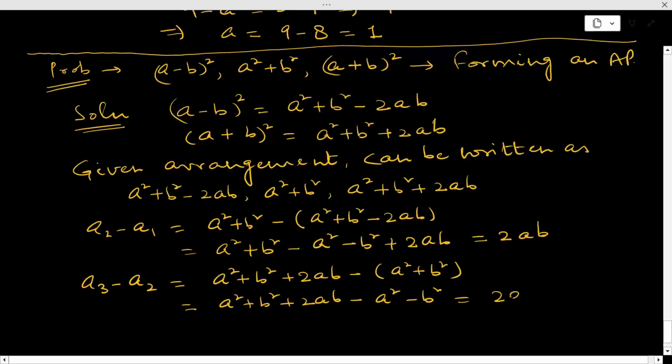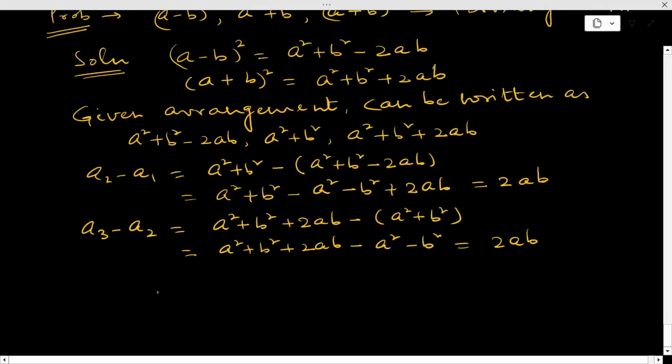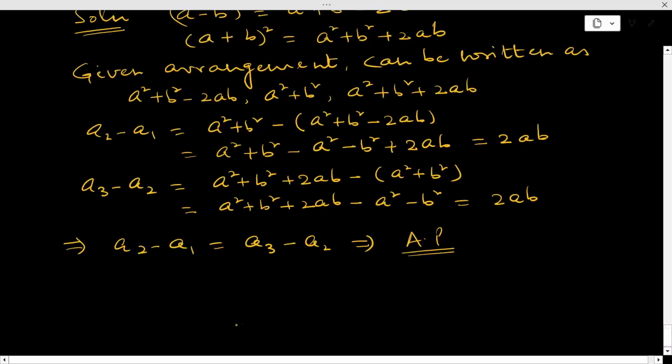So this is again coming out as 2ab. So this implies that a2 minus a1 is equals to a3 minus a2. So this further implies that the given terms are forming an AP.